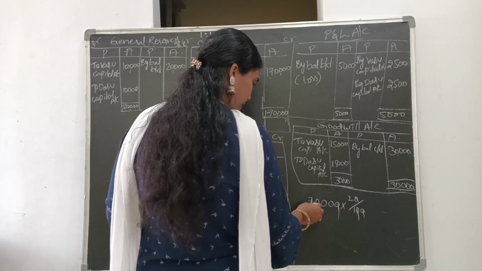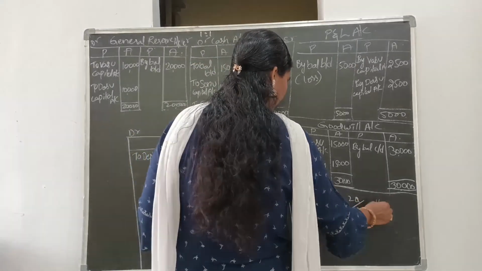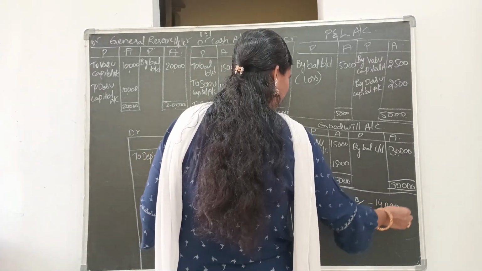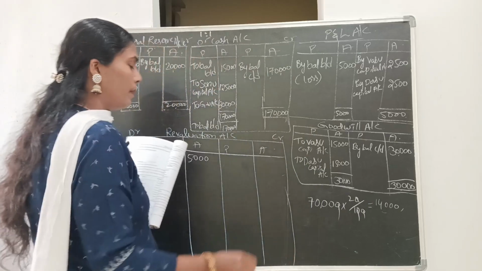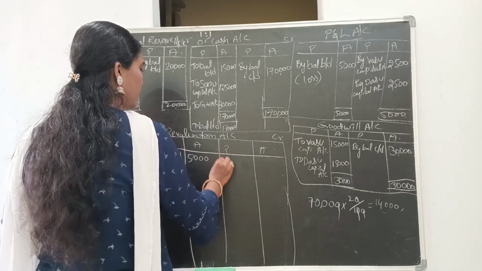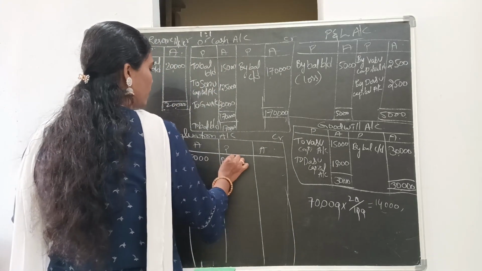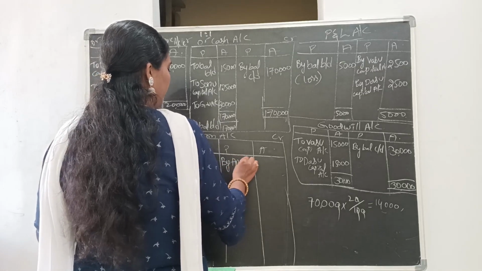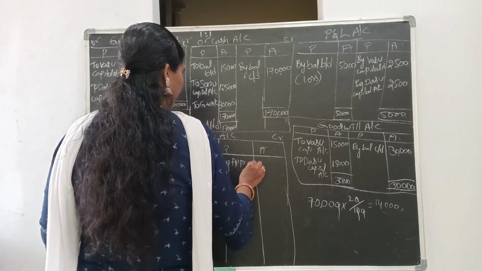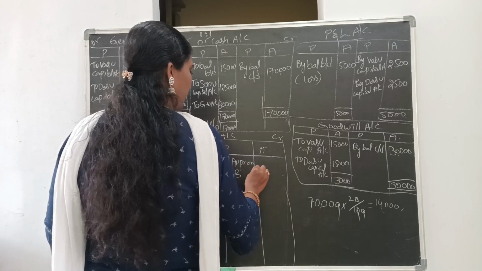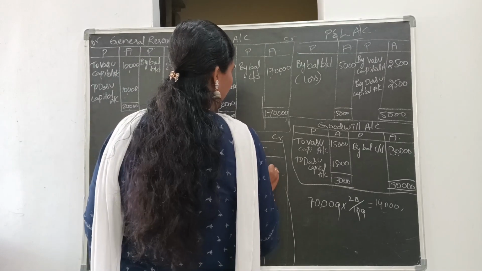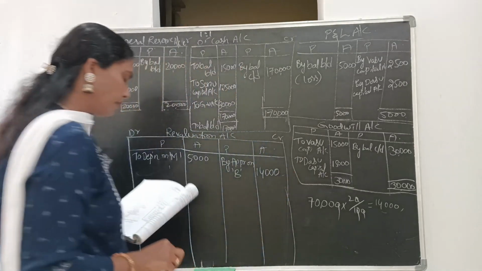Zeros cancel, 14. So 14,000 is the appreciation. So appreciations will show on the credit side. So appreciation on buildings is 14,000.